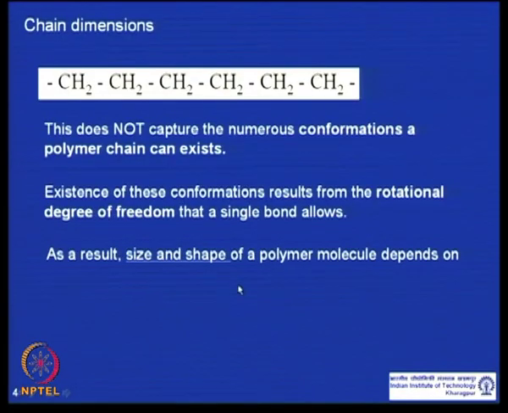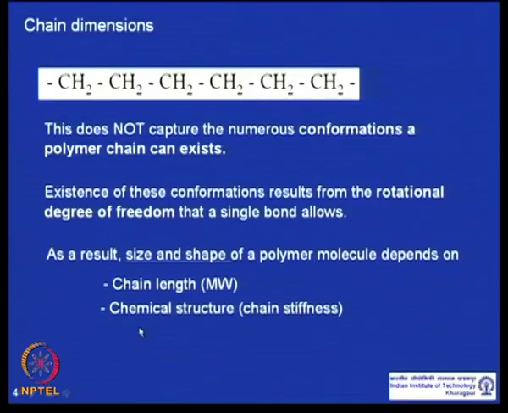the size and shape of a polymer molecule will depend, obviously, on chain length. And as the chain length goes up, you expect the polymer size will also go up. Secondly, it depends upon the chemical structure or chain stiffness.